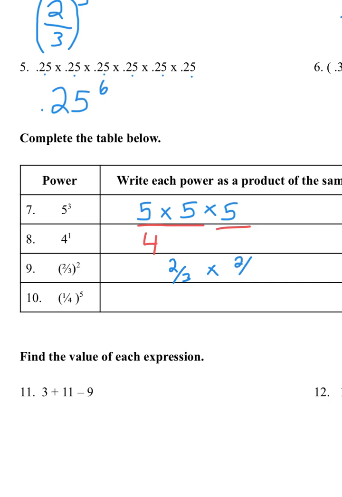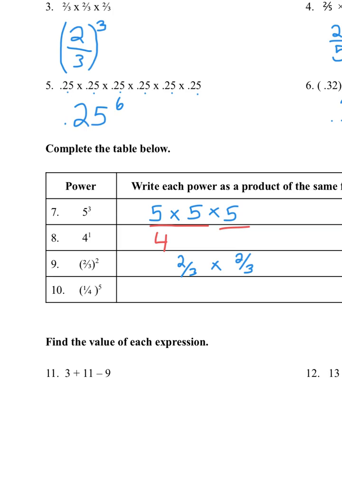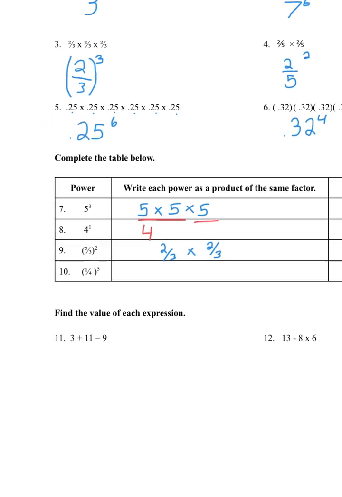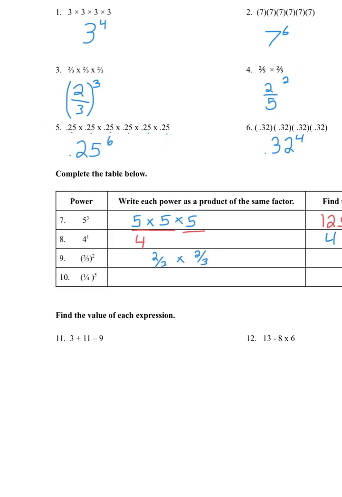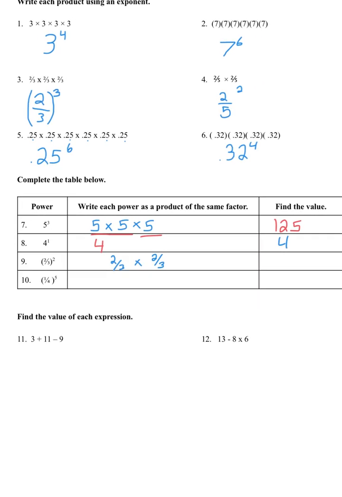When we're multiplying fractions, we just do top times top and bottom times bottom. So 2 times 2 is 4. That's our top. 3 times 3 for our bottom is 9. 4/9 is our value over on the right.